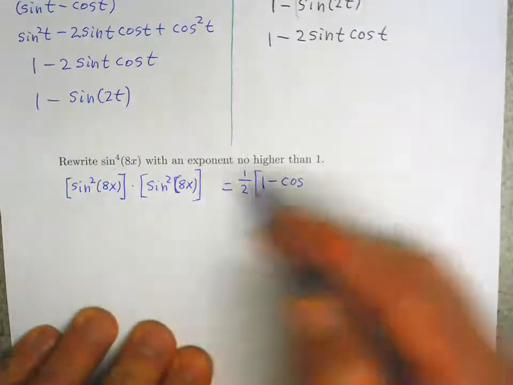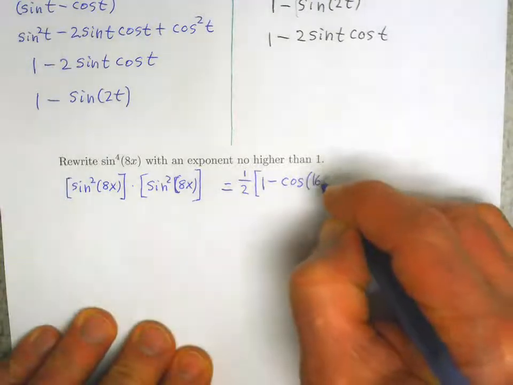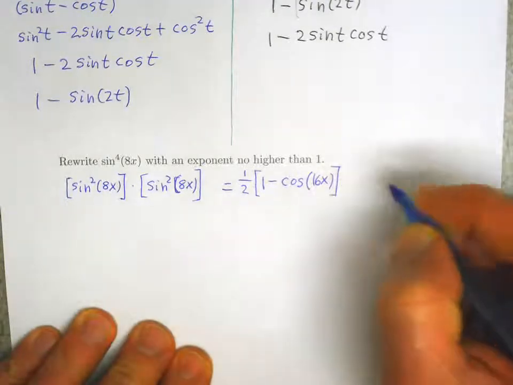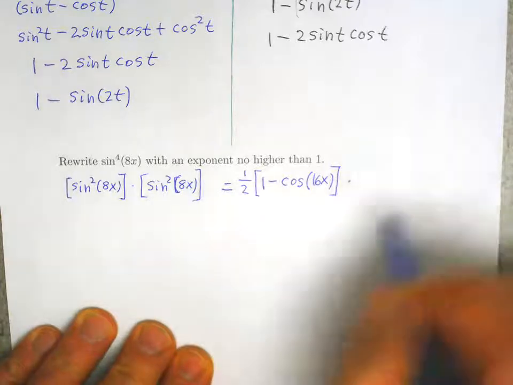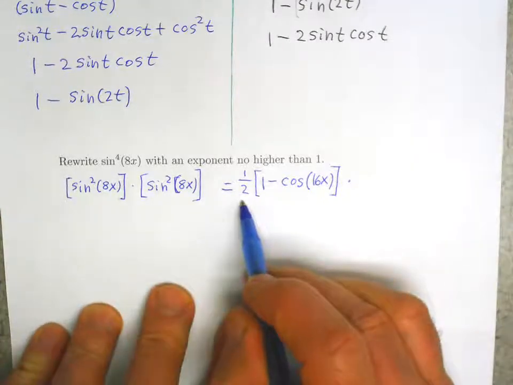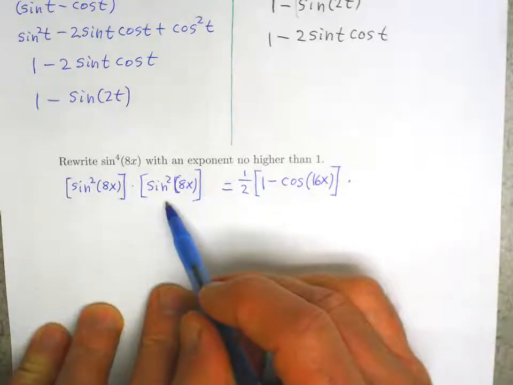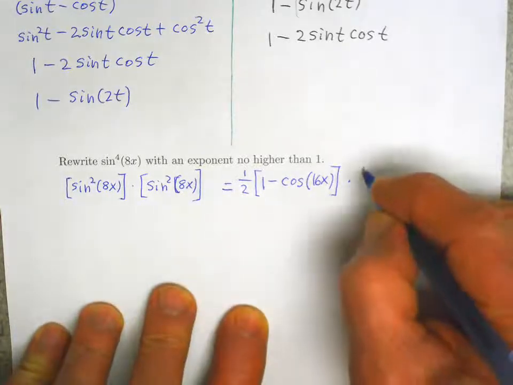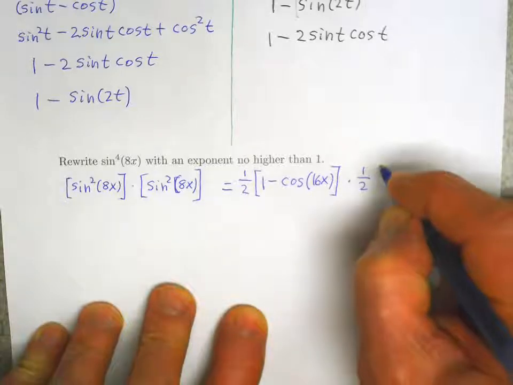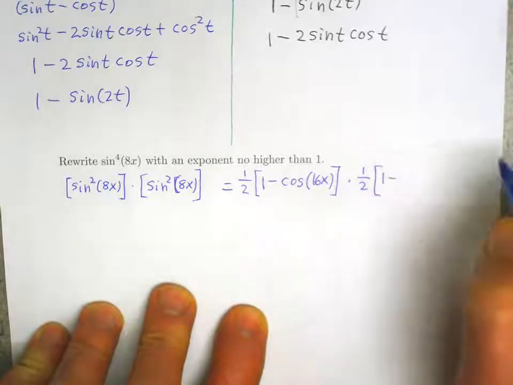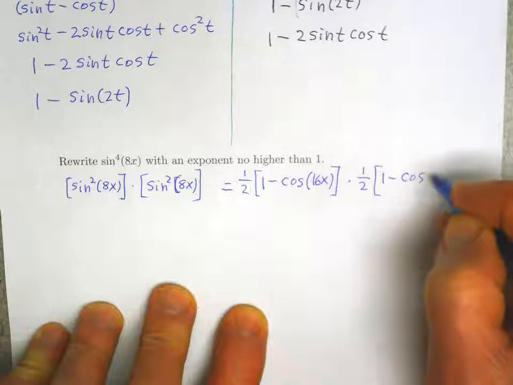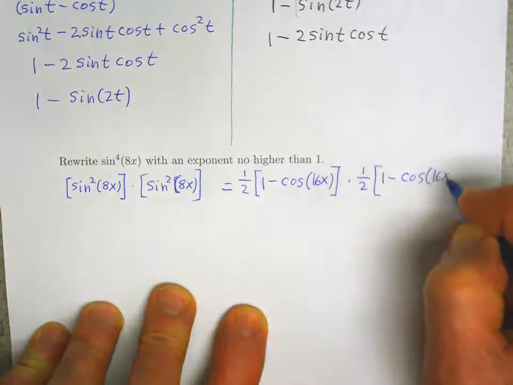So 2 times 8x is 16x. So this is equivalent to sine of 8x squared, and we're multiplying it by sine of 8x squared, so we just multiply it by 1/2 times 1 minus cosine of 16x.